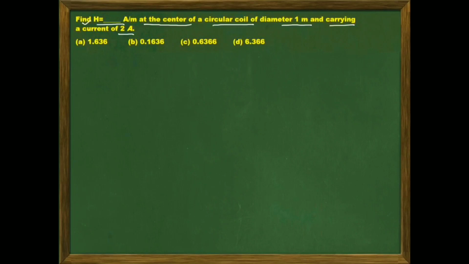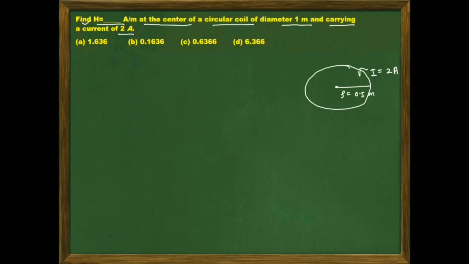So now let's apply Ampere's law here. Given there is a circular coil carrying, let's say, current I equal to 2 ampere. Now here the radius of the coil, let's say rho, is given as 0.5 meter.